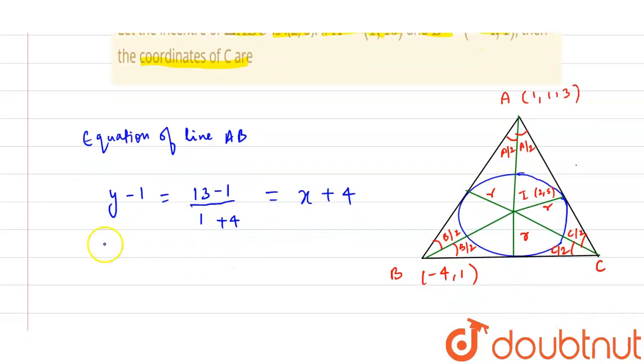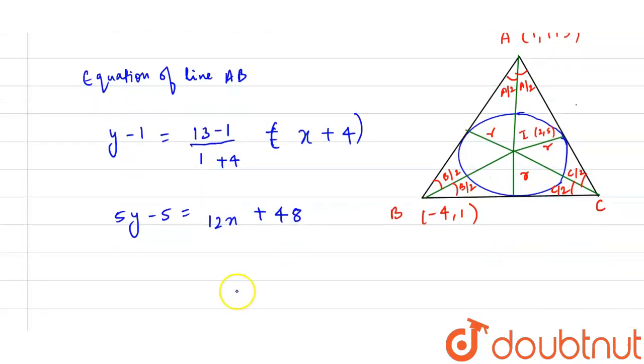So this is 5, so 5y minus 5 equals 12x plus 48. Our final equation is 12x minus 5y plus 53 equals 0.